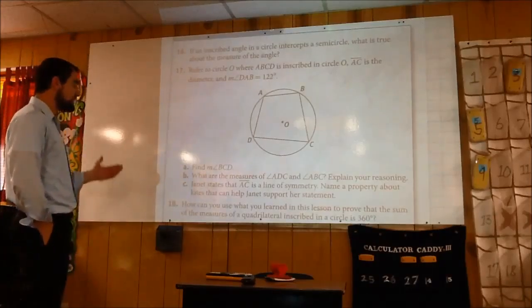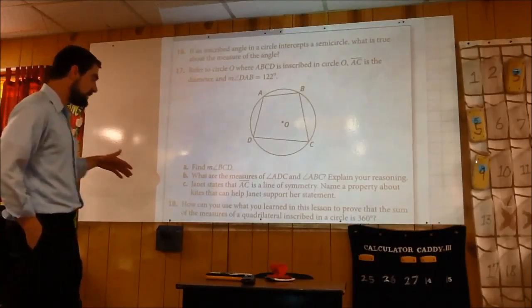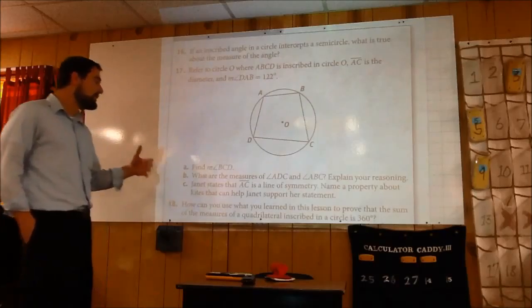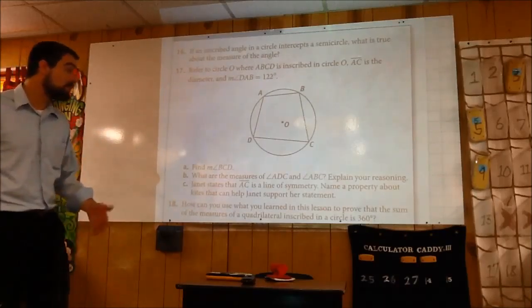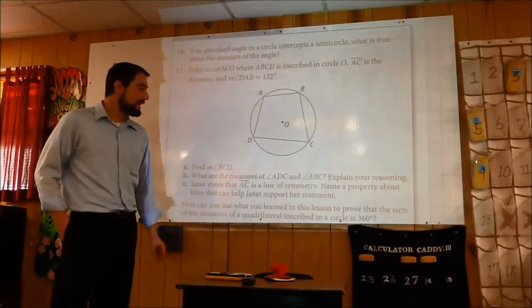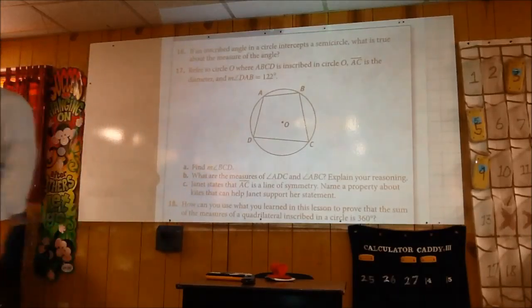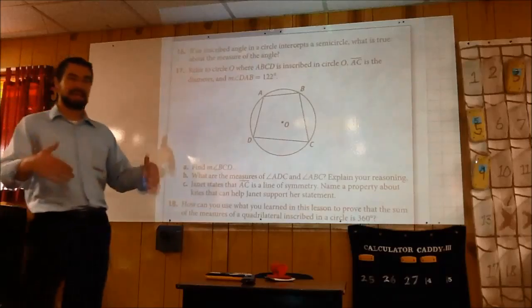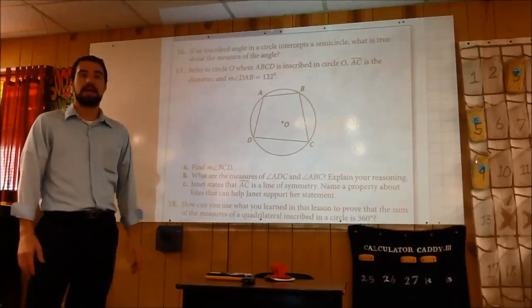Okay. There's also another one in here, number 18. How can you use what you learned in this lesson to prove that the sum of the measures of a quadrilateral inscribed in a circle is 360 degrees using inscribed angles?